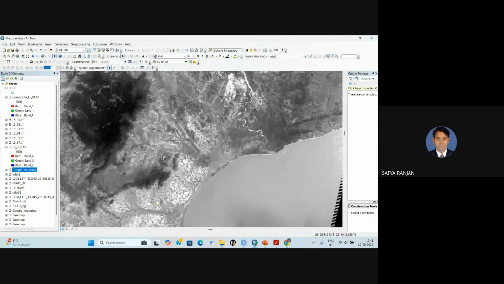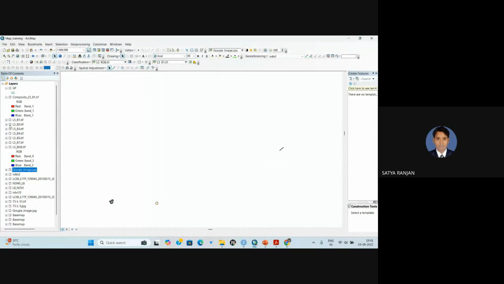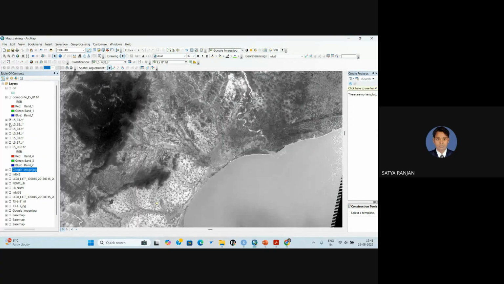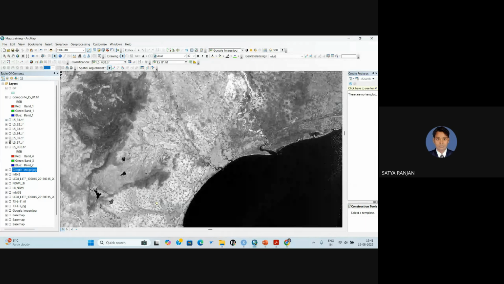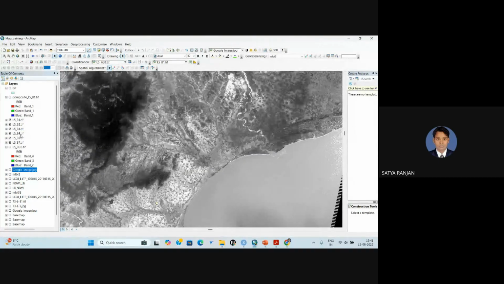So these are the different bands, and all image bands have different reflectance. I have seven bands. These are the important bands of Landsat 5: band 1, band 2, band 3, band 4, band 5, band 7.